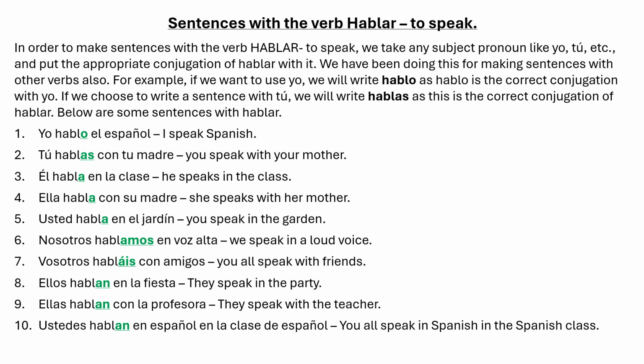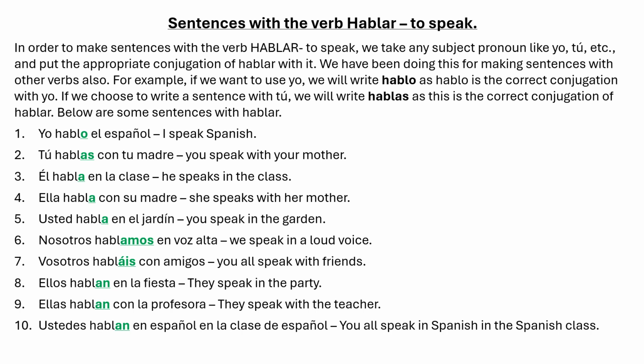We have been doing this for making sentences with other verbs also. For example, if we want to use yo, we will write hablo, as hablo is the correct conjugation with yo. If we choose to write a sentence with tú, we will write hablas, as this is the correct conjugation of hablar. Below are some sentences with hablar. So we will have a look at these sentences and we will see their translations.